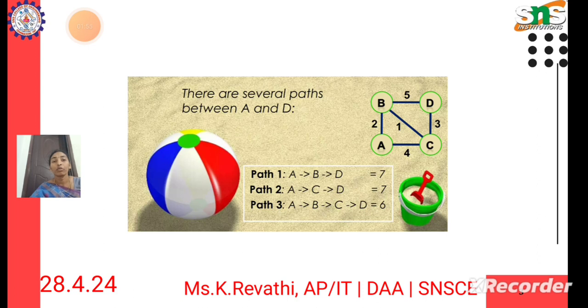Then path 2, A to C, C to D, is calculated for the next path, and the weight of this path is 7. Then path 3, A to B, B to C, C to D. Here the weight is 6.